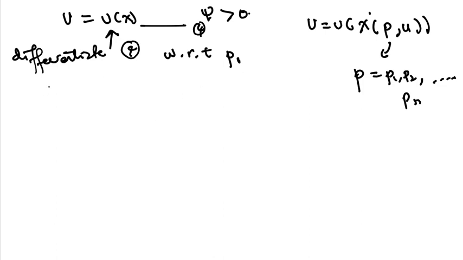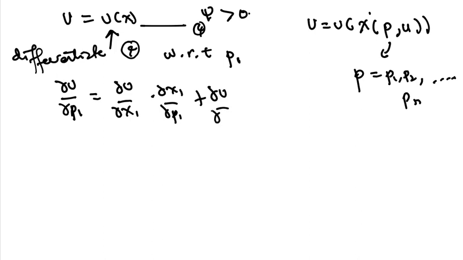So differentiate 4 with respect to P1, delta U over delta P1 equals what? So delta U over delta X1 times delta X1 over delta P1, and then plus delta U over delta X2 times delta X2 over delta P1. So on, so forth, until the last one, delta U over delta Xn times delta Xn over delta P1. Sorry, there's a mistake there.